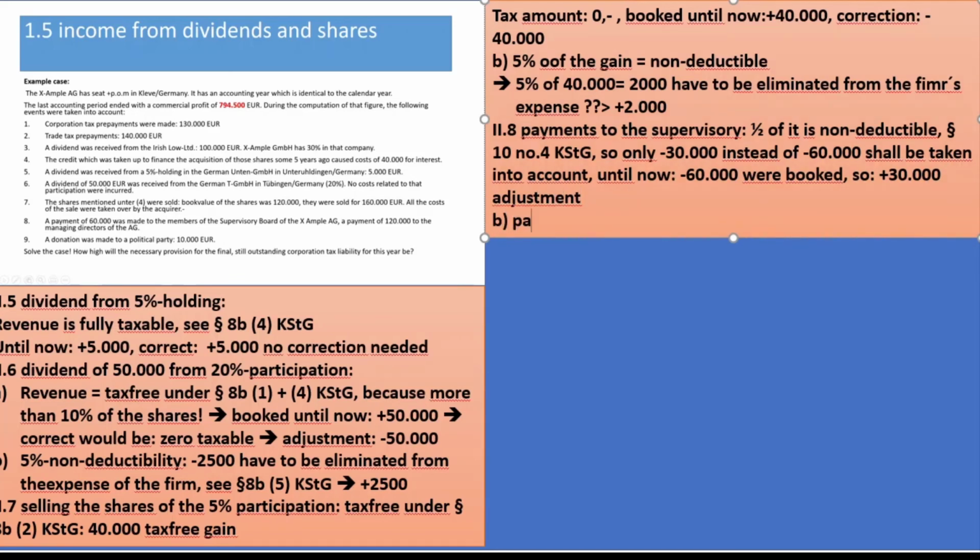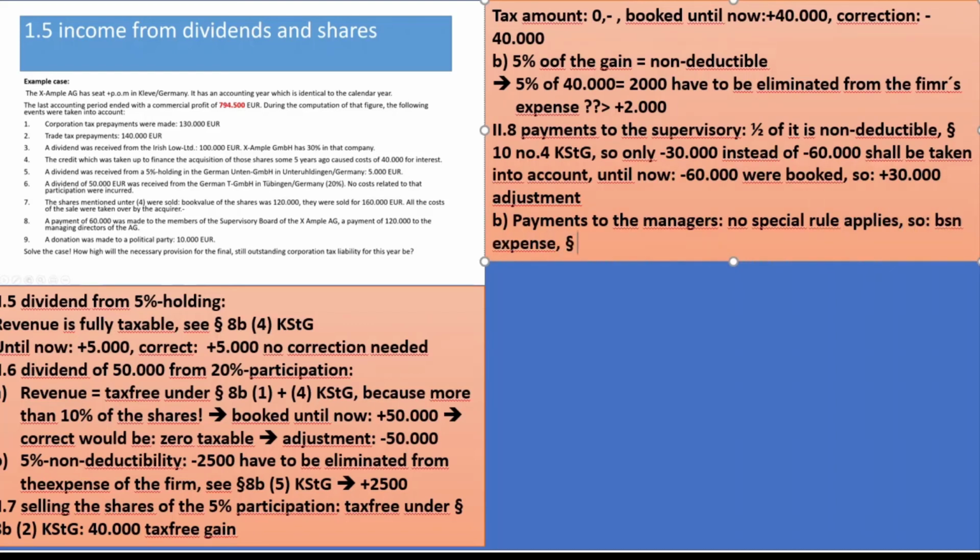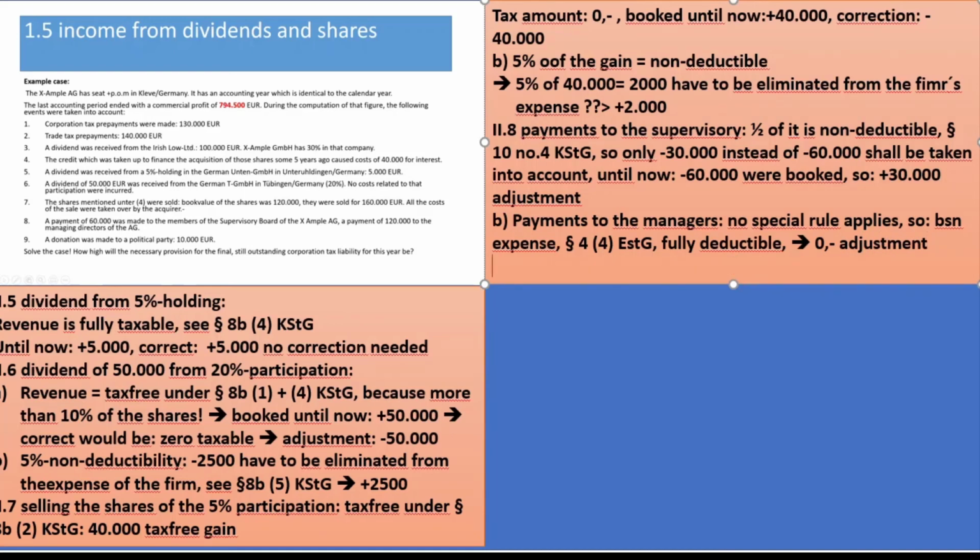and B, payments to the managers. No special rule applies, so business expense, fully deductible. That has been also done under commercial law, because naturally the salary would be booked as expense, so no adjustment necessary.